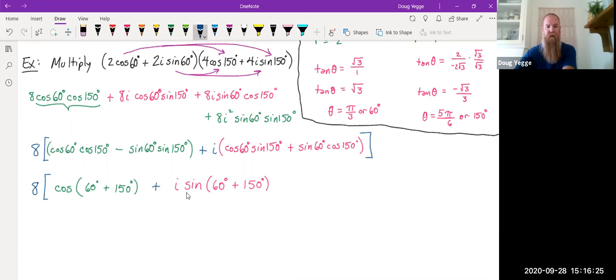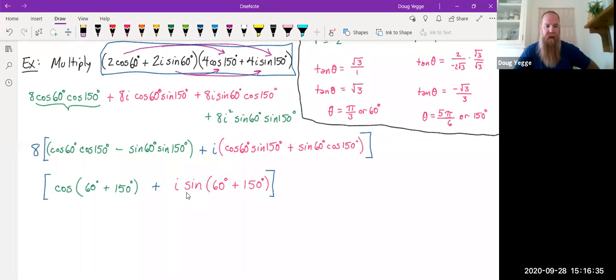And therefore, if we look back to here, let's take a look at our original form and realize where the 8 came from. The coefficient of 8 came from the fact that I simply multiplied the two r values, while the new angle came from adding together the angles of 60 and 150.